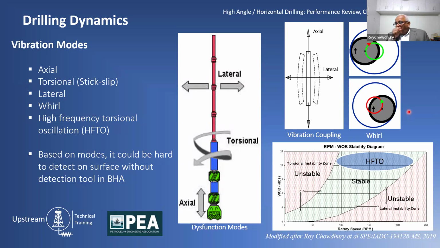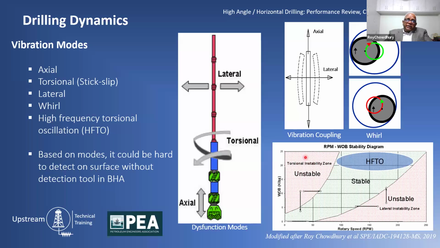And these are really very detrimental, especially to the bits and to the bottom hole assembly elements, because they could cause blade breakage, cutter fallout, or even stabilizer wear, and you could be drilling an undergauged hole, if not causing failures of electronics.